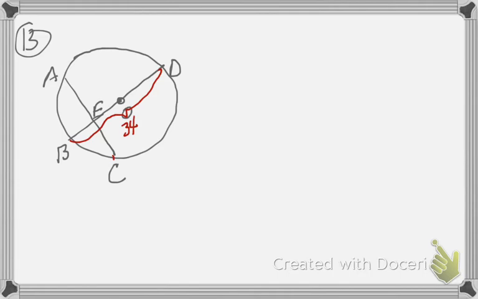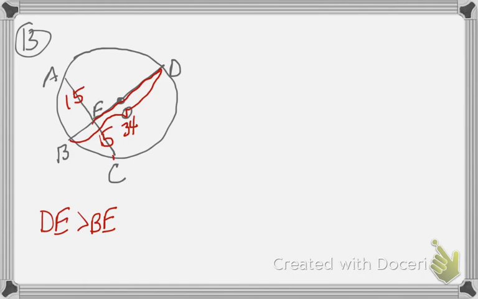So if AC is 30, that means each piece is 15. Okay, and just a little note that they're giving us is that DE must be bigger than BE. Okay, so this part over here is DE. Okay, so what could the length of BE be?